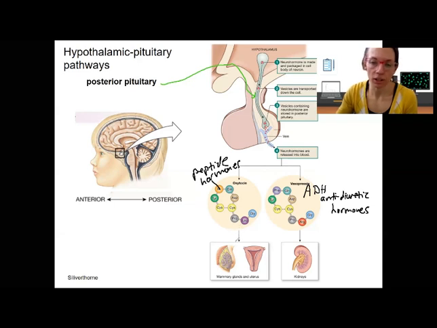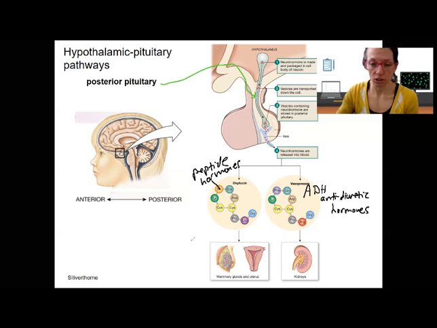The target organs are, for oxytocin, it's primarily a female hormone. Not completely true, of course, but that's what's typically talked about. So it acts on the uterus to cause contractions during childbirth. You actually heard about this in the fall a bit in terms of positive feedback. Same thing with milk letdown.